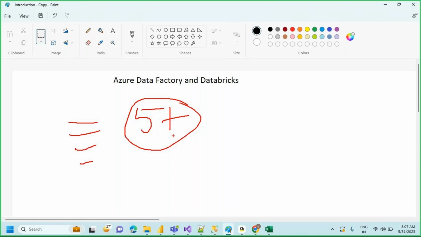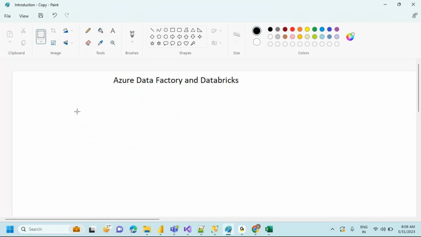There are many people who migrated to Azure for data engineering roles over the last 5 years, and people are still migrating. So we can show that. Suppose we have 8 years, then we can show a minimum of 5 years as the recent experience. Exactly. Yes. Perfect. That is what it is.